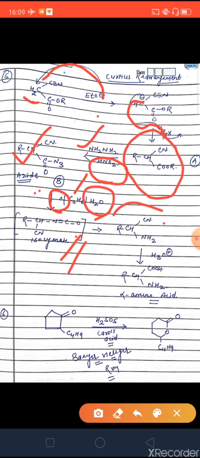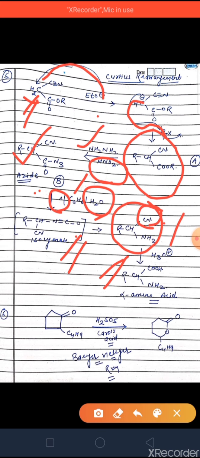So the amine will be the final product. So this will be your B, C. And after this we are doing acidic hydrolysis, and on acidic hydrolysis this CN will get converted into carboxylic acid. So like this, you can prepare an alpha amino acid from this particular molecule. So this is the application of the Curtius rearrangement reaction.